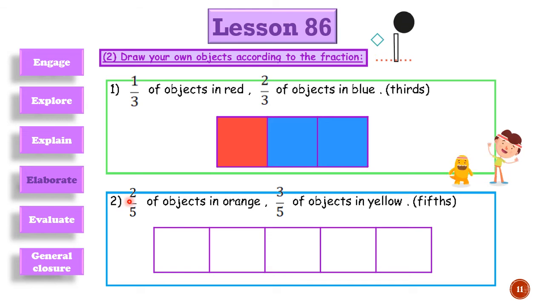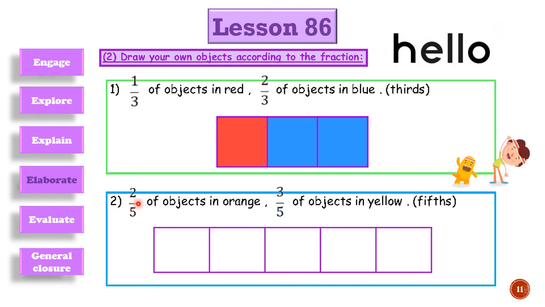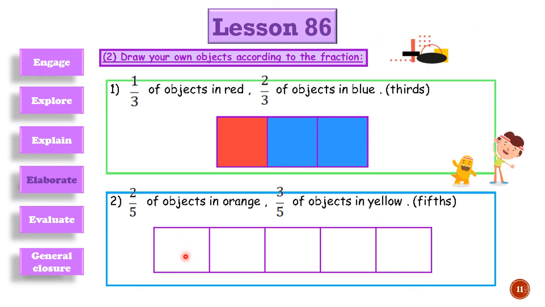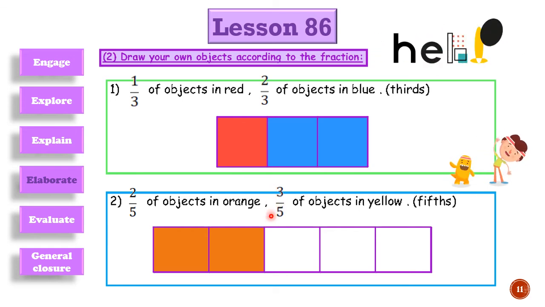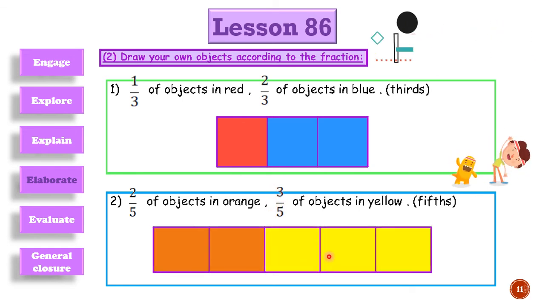Yes, we look at the numerator. The numerator is 2. Then we color 2 parts only out of 5 in orange, like this. And the rest of this fraction, 3/5, in yellow. Do we color 3 or 5? 3. We will color 3 parts out of 5 in yellow.